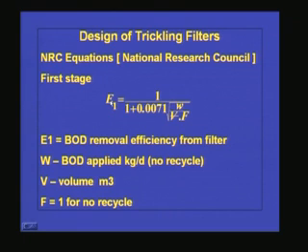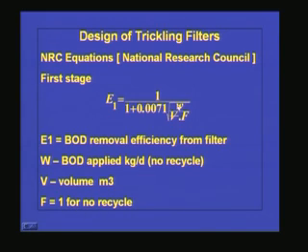If you want to design the first stage of a trickling filter, we can use E1, the efficiency of the first stage, is equal to 1 by 1 plus 0.007 into square root of W by V F, where E1 is the BOD removal efficiency from the first filter, and W is BOD applied, that means kilogram per day without any recycle, and V is the volume of the filter in meter cube, and F is equal to 1 for no recycle.